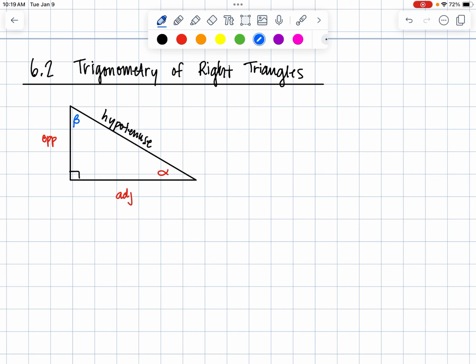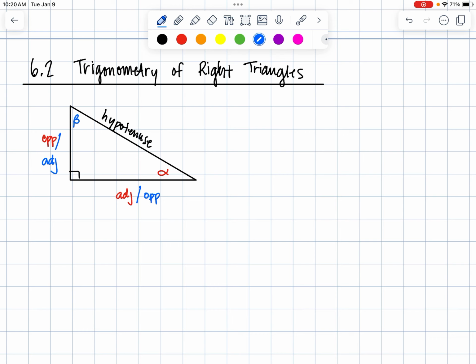But if you're looking at this from the beta perspective, the base would actually be the opposite side, and the opposite side to alpha is actually the adjacent side to beta. So it's very important that we identify these according to the actual angle of reference. If we're looking from alpha, we need to use the proper sides, opposite and adjacent, versus beta.